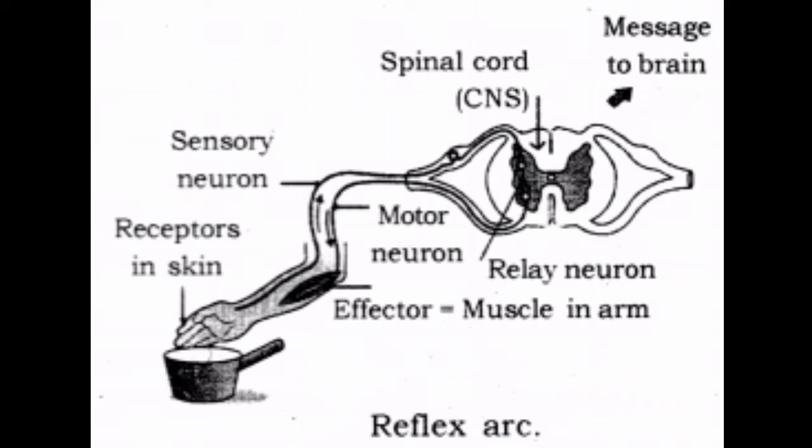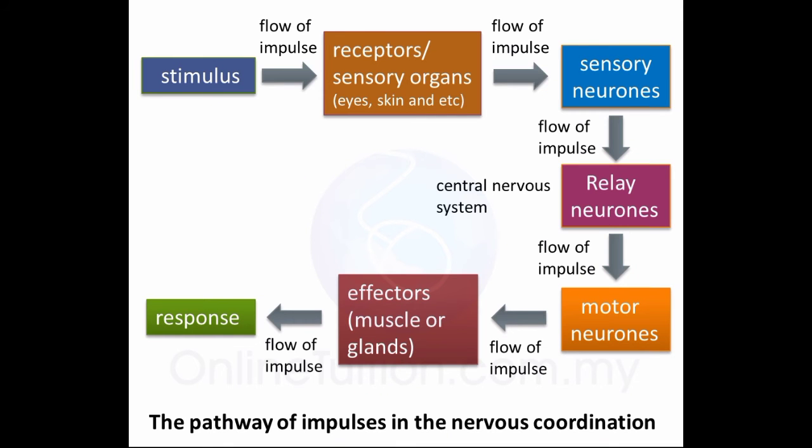The motor neuron carries the signals from the spinal cord to the effector organ, and the effector organ responds by producing the movement or reflex action. So this whole process is known as the reflex arc. So what does it involve? It involves the sensory organ, sensory neuron, then spinal cord, motor neuron, and effector organ, right?